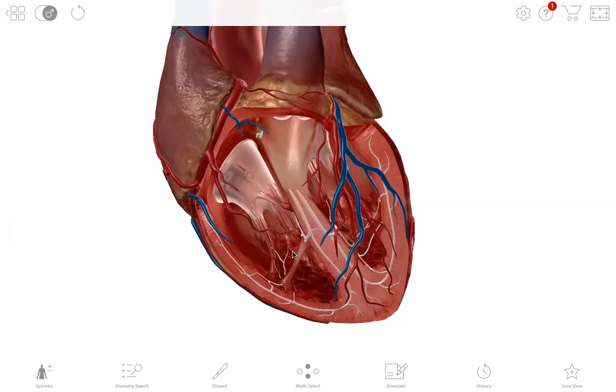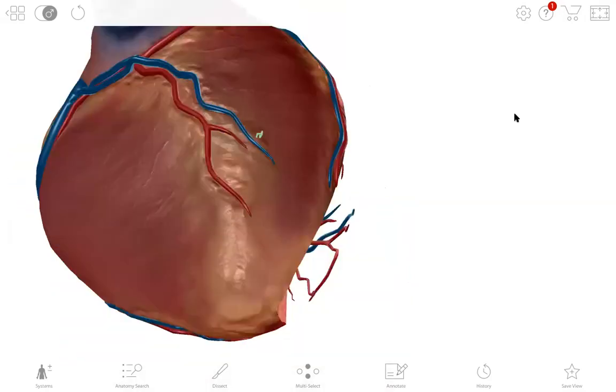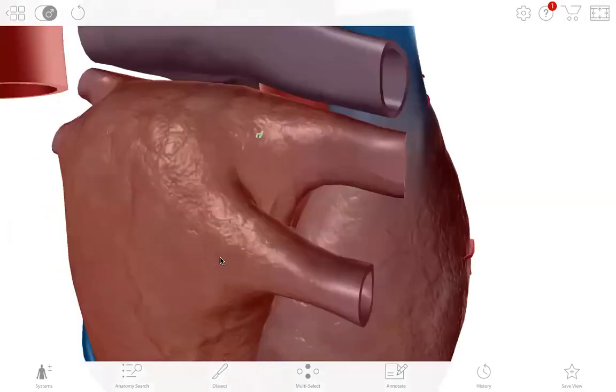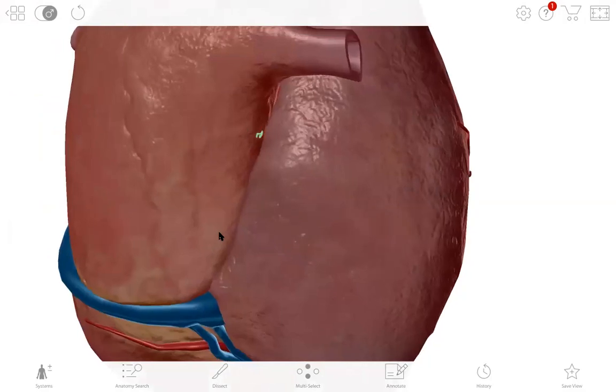The diaphragmatic inferior surface is two-thirds left ventricle and one-third right ventricle. The posterior surface is formed from the atria, mainly the left atrium and part of the right atrium.